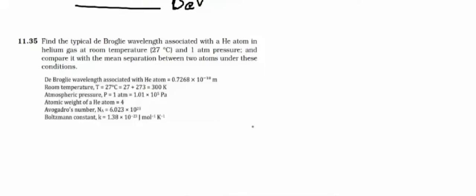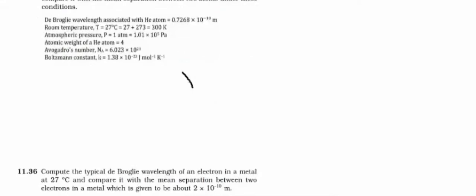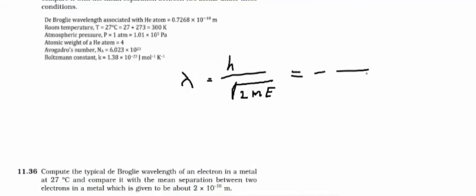So here also you can have the formula lambda is equal to h divided by under root 2mE. Then you can find the value of lambda, where E is given as 3 by 2 kT.